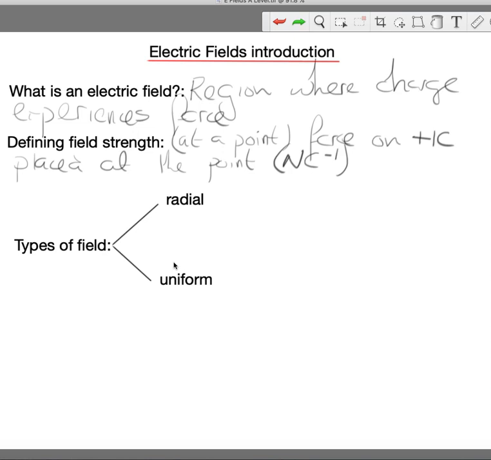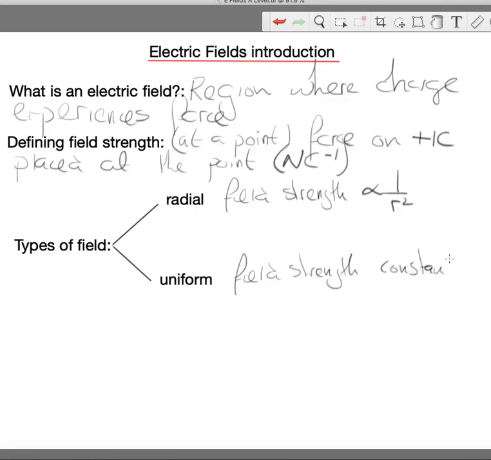It's approximately uniform, but it isn't actually uniform. Gravitational fields are radial. So here we have a field strength which is inversely proportional to the square of the distance from the charge, and here uniform means not changing. The field strength is constant.